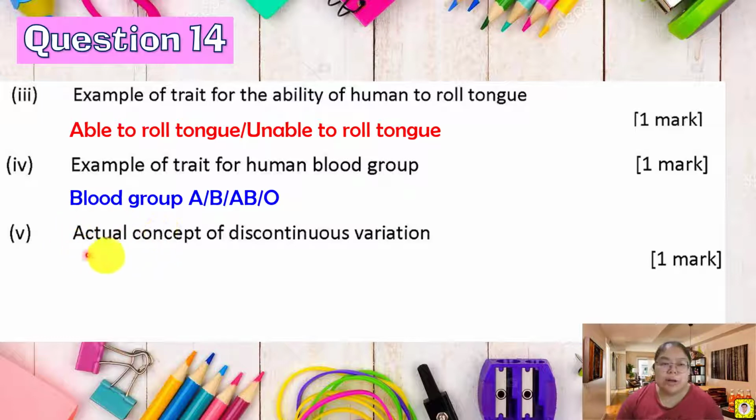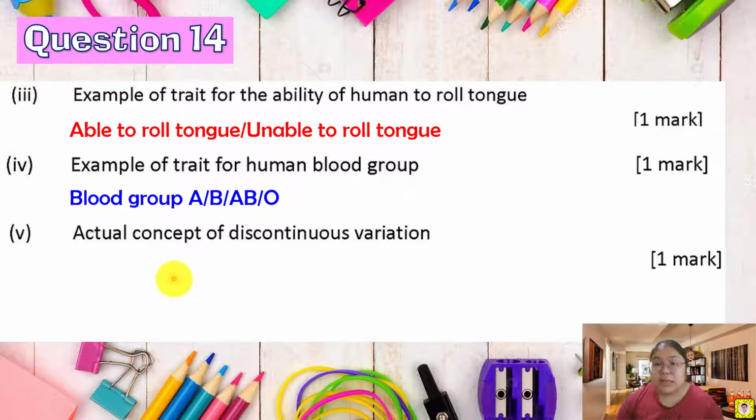Okay, actual concept. Just now it was the initial, now it's the actual. The actual concept is normally at the back, the last question. So how to answer the actual question? Actual question means you bring the main object to the front. Who is the main object? This one is the main object: discontinuous variation. Bring it to the front, after that you add the word "is".